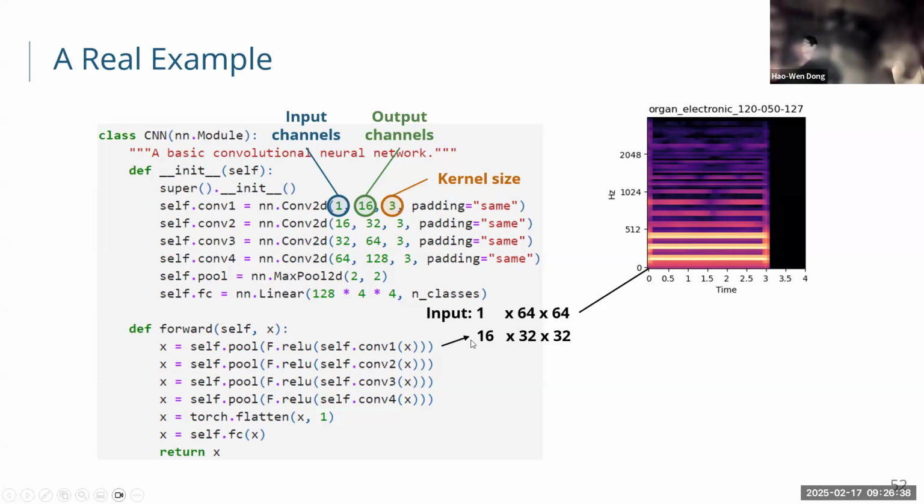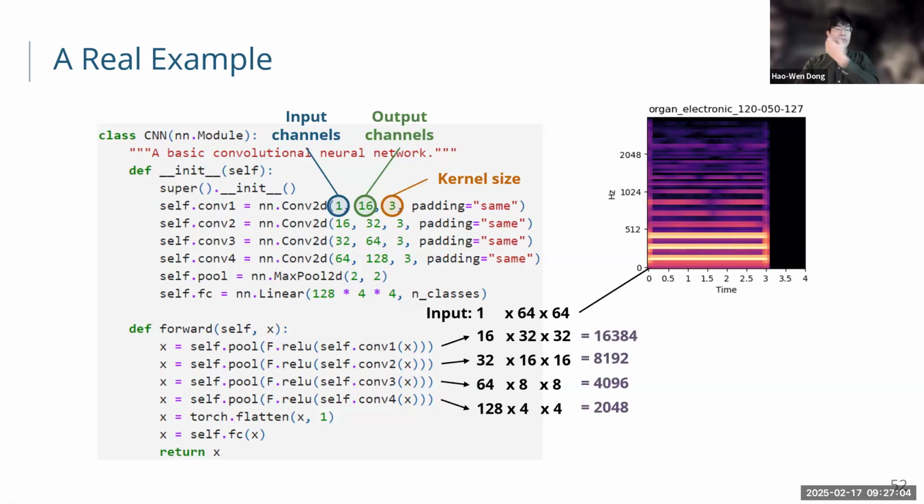So you learn 16 different detectors, and the output will be 16 different activations for those 16 detectors that you learn. But the output size will be half. And then you move on, the number of pattern detectors will keep increasing, but your image size will shrink. So that's pretty much what Q1 is about.